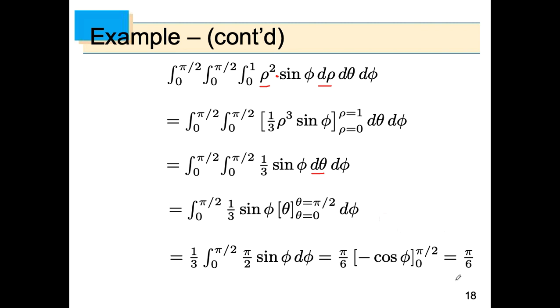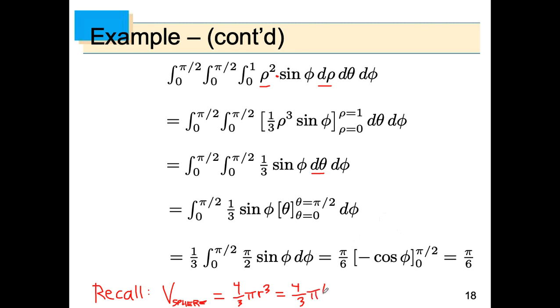And let's see if that makes sense. If you recall, I told you in the previous slide that the volume is being found here. We're literally looking for the volume of that eighth of a sphere. Well, the volume of a sphere is equal to 4/3 pi r cubed. We know this from a basic geometry class.